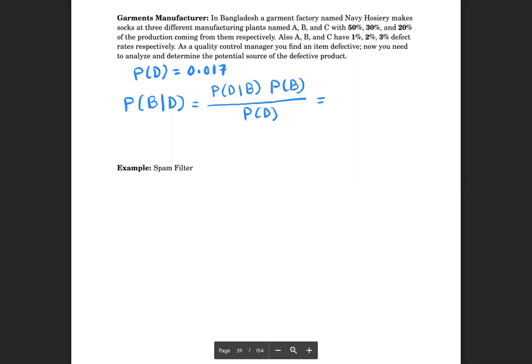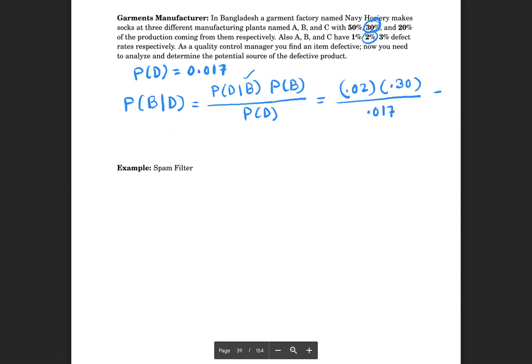Now, if you do the math, it's going to be 0.017 in the bottom. On the top, the probability of a defective product from B is 2% or 0.02, and B makes 30% of the product, so 0.30.